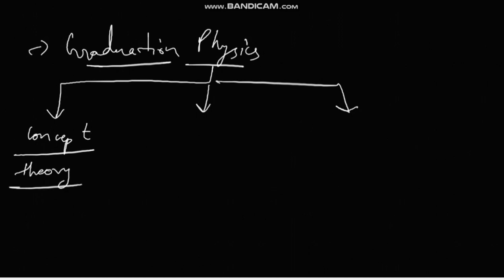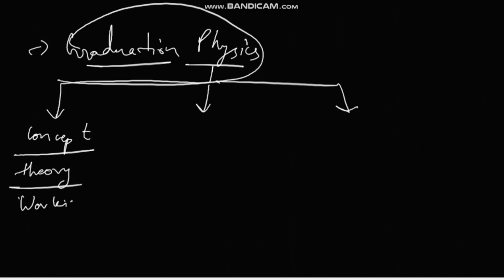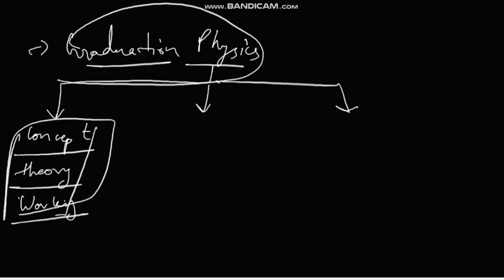I'll start from the very beginning, matlab at least if we are talking about the graduation level, I'll start from the 12th level concept and make it bigger and bigger. And after that, the working, how it works, how it is applied, and everything will be covered in the first part.